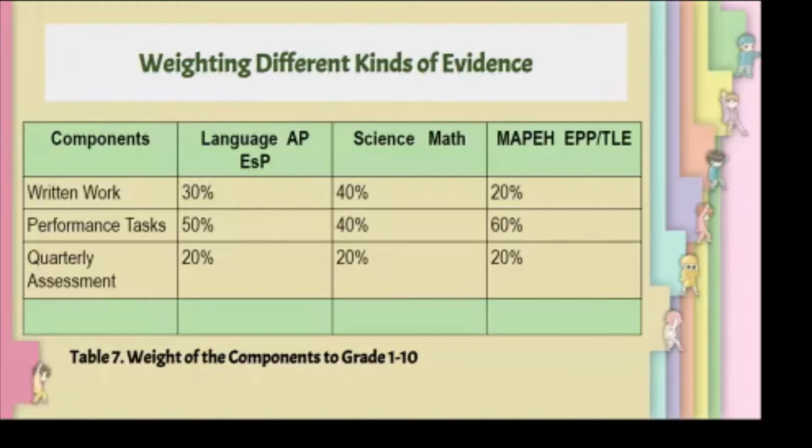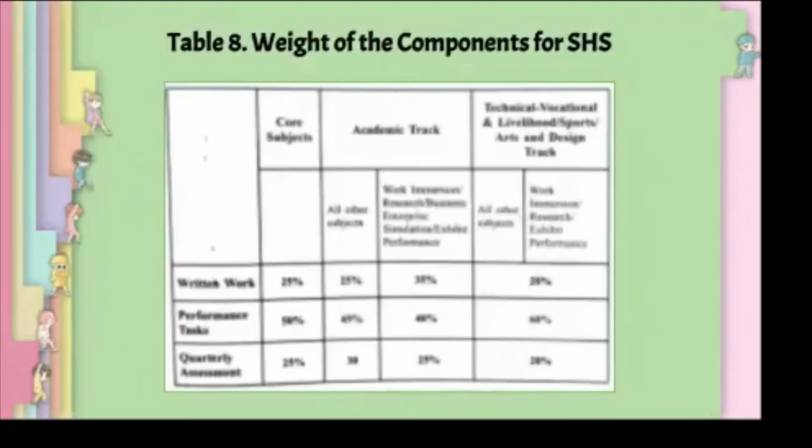And lastly is the quarterly assessment: for language, AP, and ESP it is 20%, science and math is 20%, as well as the MAPEH, EPP, TLE. So this is the weight of the components for grades 1 to 10.